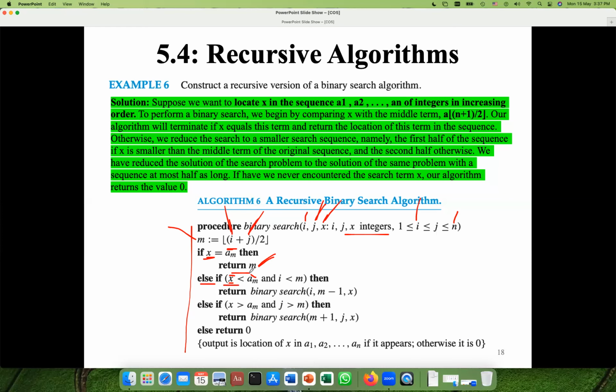This condition alone is sufficient, but there is one more condition written here. What is that one? If I, which is the index of the array, is less than the middle element.